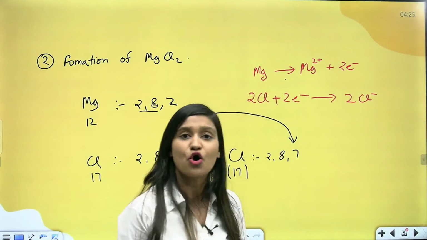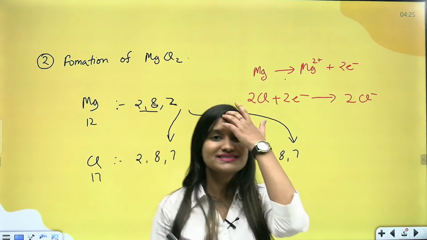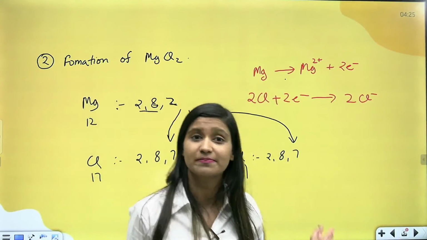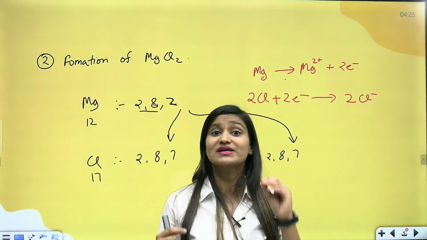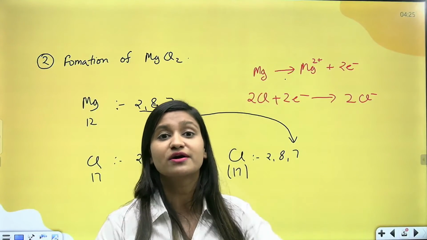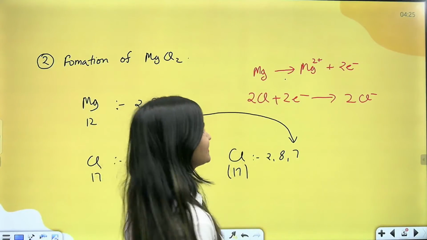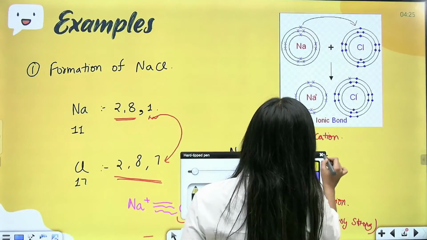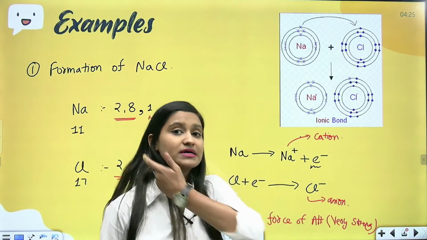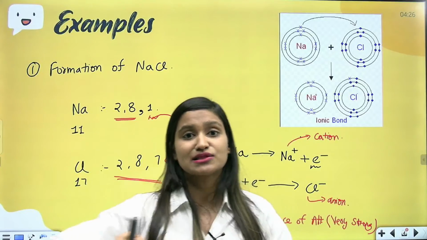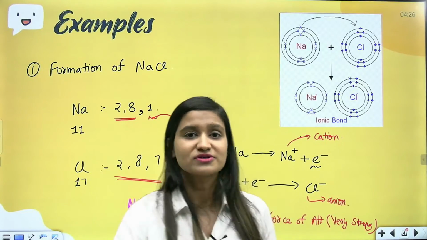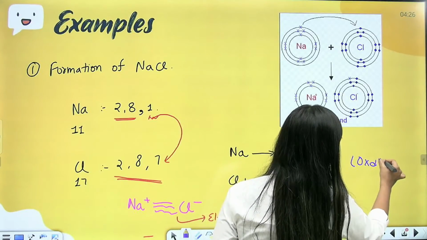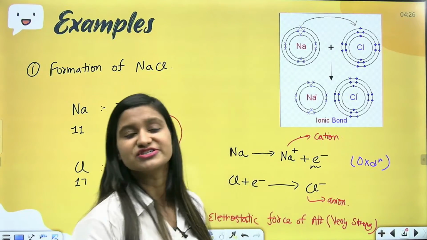Alright. Now let's discuss a very small concept, not related to this chapter particularly, but it is definitely going to help you in your competitive exams. See, whenever electrons are lost, that process is called oxidation.